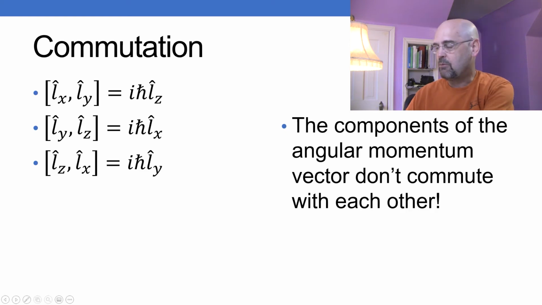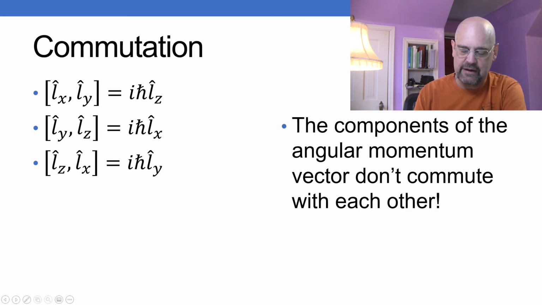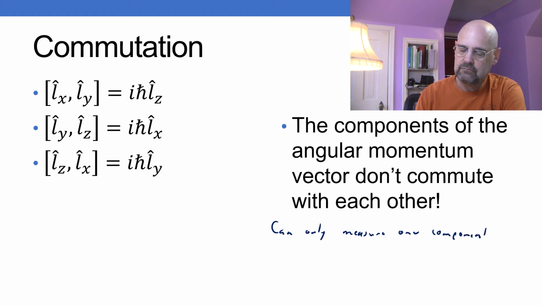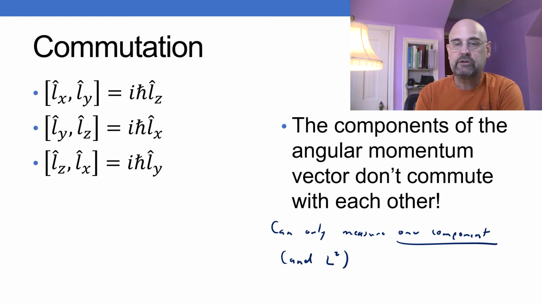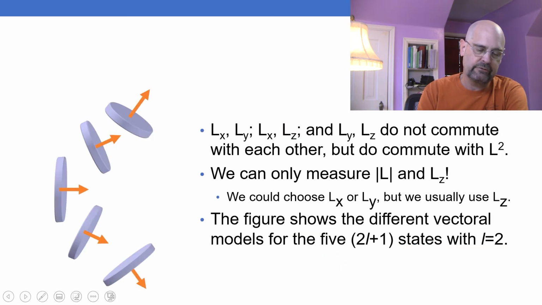When the components of the angular momentum vector don't commute with each other, it means that I can only measure one component, and L squared. So I can determine L squared, the angular momentum squared. I can determine the z component of angular momentum. I can't determine x or y, because if I do, I'll scramble the others.